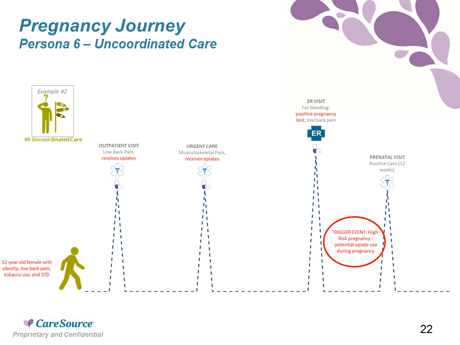And so that's another opportunity for a triggering event to say, hey, there's that positive pregnancy test there, and we have this history of opiate use. Let's go ahead and alert our care management team of this activity, because obviously we want to get her off of opiates, manage her pain throughout her pregnancy, get her off of opiates during the pregnancy, and ideally post-pregnancy as well.